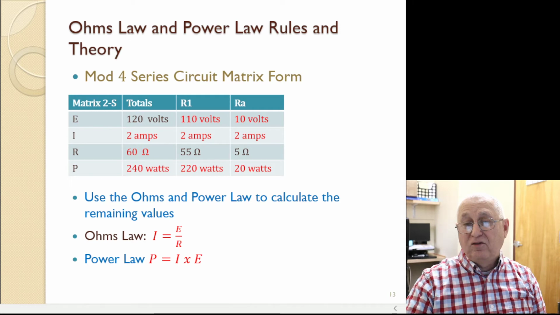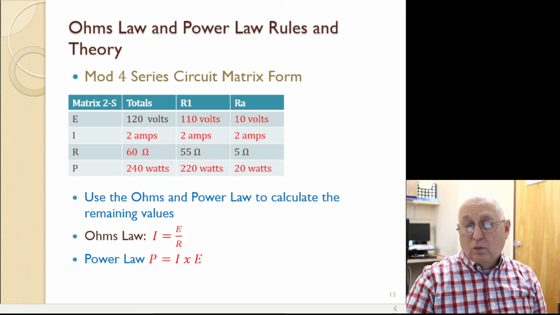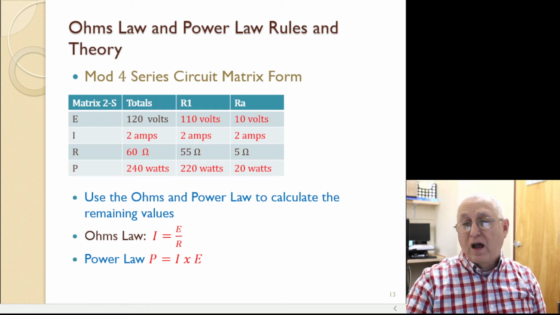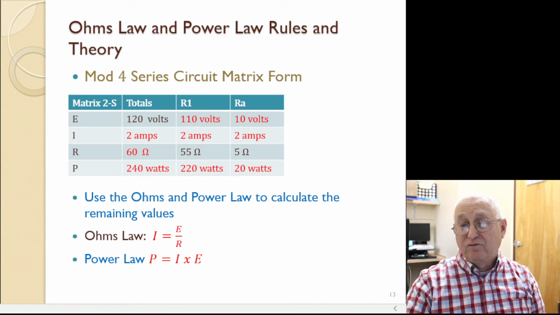Now I have I times R: 2 times 55 equals 110 volts. And 2 times 5 equals 10 volts. 10 volts plus 110 equals 120 volts. Now I know I'm dropping 110 volts at R1, and across the parallel resistors I'm dropping 10 volts.